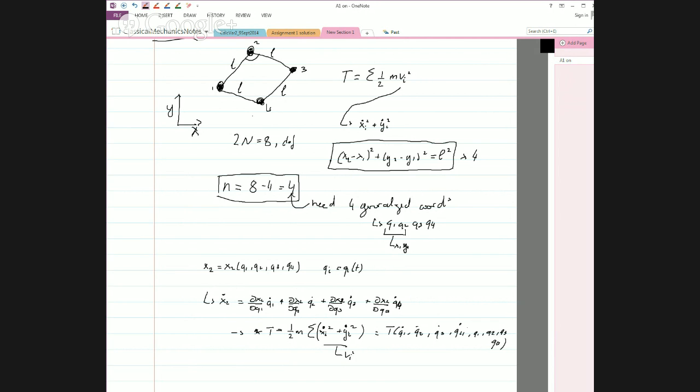You could do the moment of inertia of four balls connected by rods, but the problem is the balls can move with respect to each other. So you can't do the moment of inertia of the whole system. You have to consider each ball or mass as its own entity. And then the moment of inertia is just a way of doing the kinetic energy or the effective mass of a bunch of point masses. So you don't need the moment of inertia.